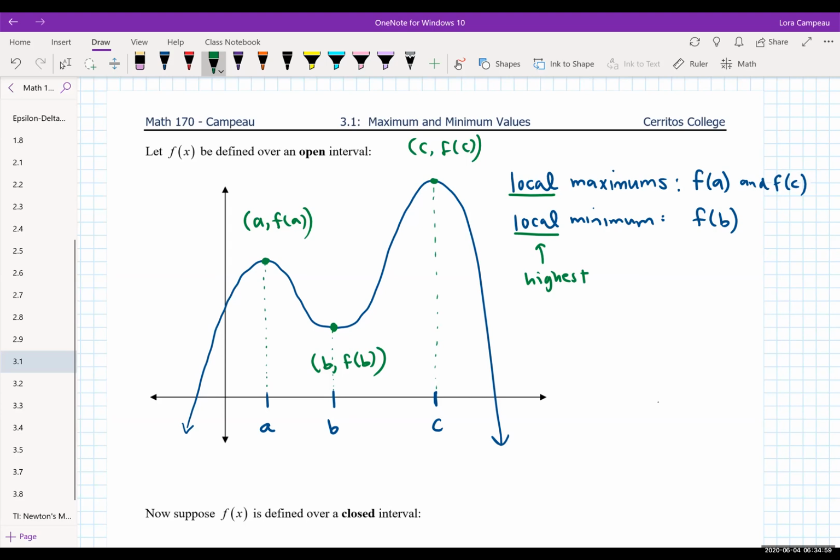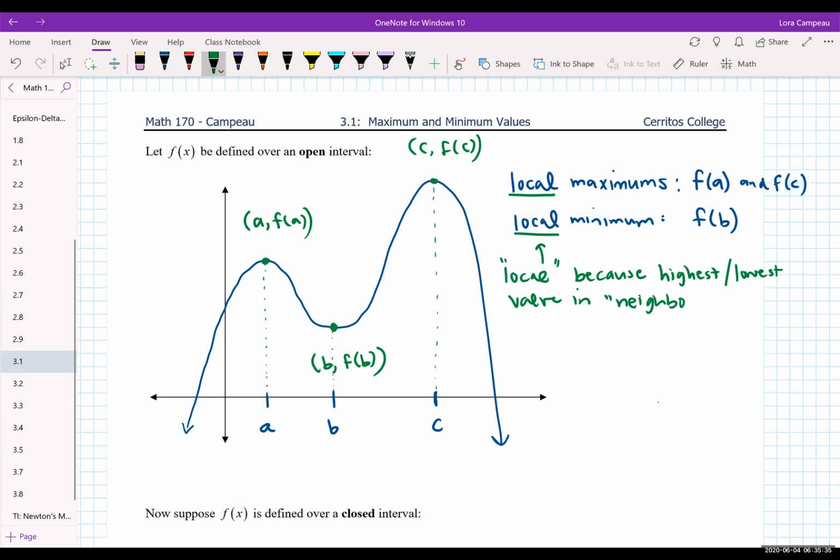Well, I should probably rephrase this. Why are we saying local? Local, because we have the highest or lowest value in, and we kind of also use this in quotes, neighborhood.